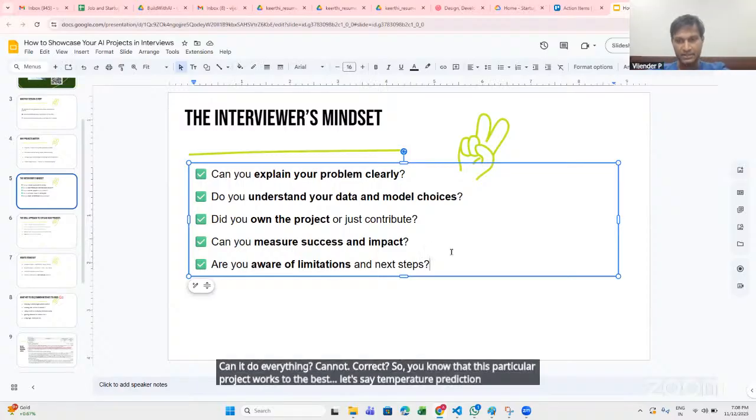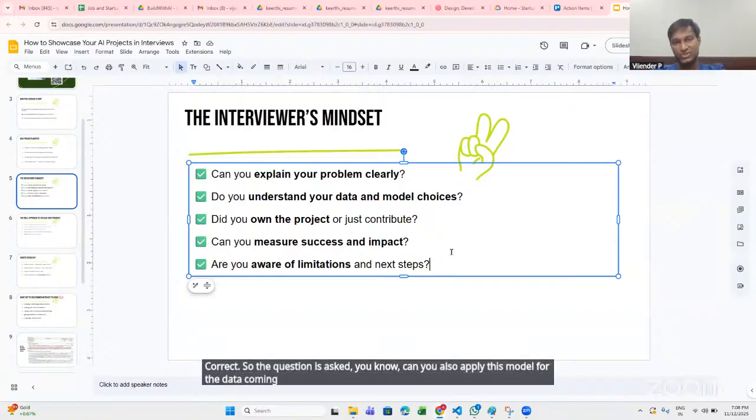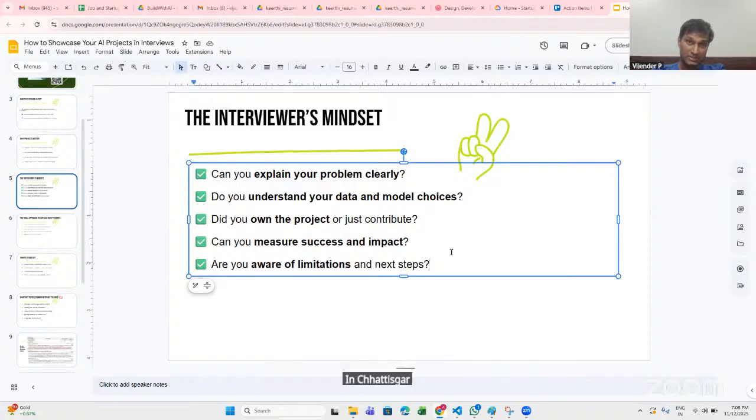You should be able to answer questions like, you analyzed this data for, let's say, Andhra Pradesh, so can you also apply this same model to the data coming in from weather stations for temperature in Chhattisgarh? You should be able to answer that question.